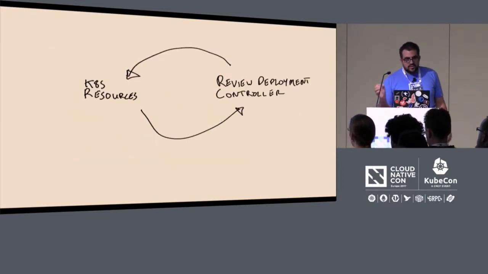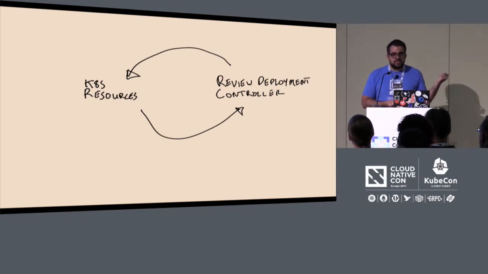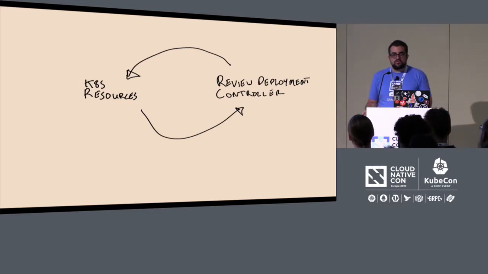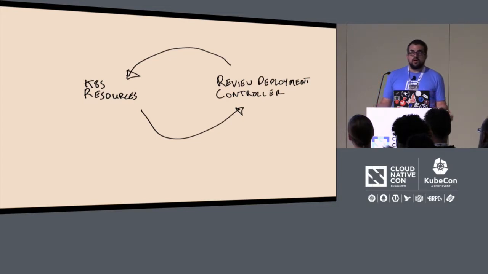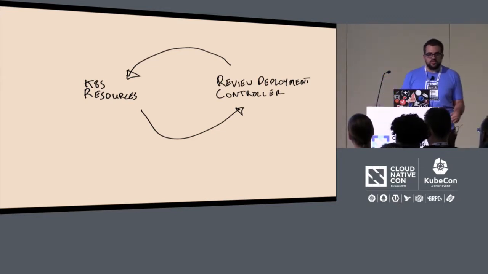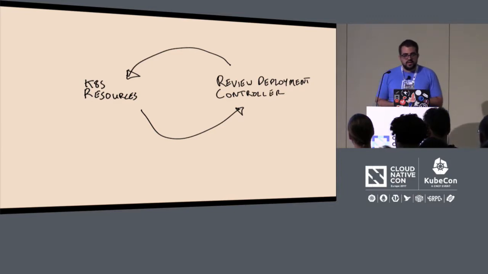And then the actual part that's interesting, I think, is this: there's the kubelet that's managing what's running on a particular node, and there's the ingress controller that's managing what endpoints are available to connect into the cluster from outside. I created a review deployment controller, and what it does is it watches for any new review deployment that's put in with create.